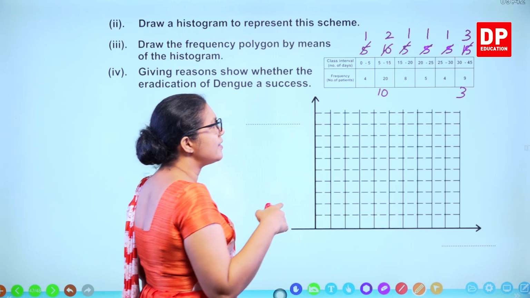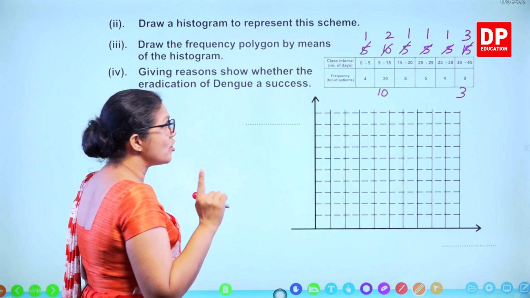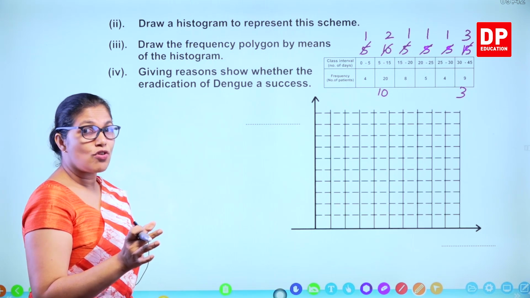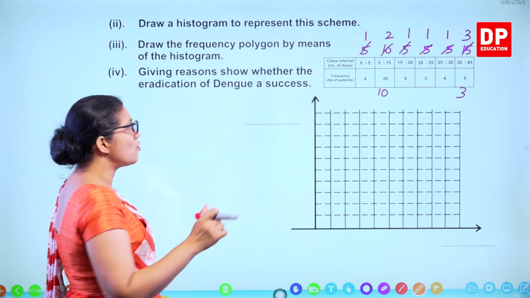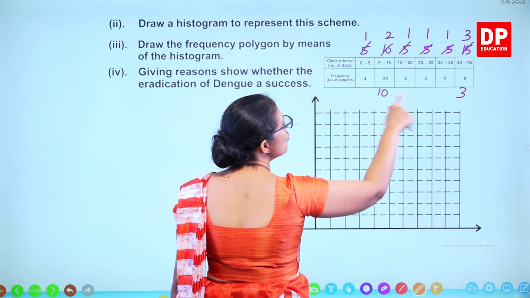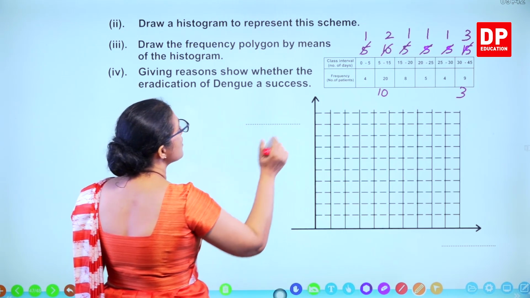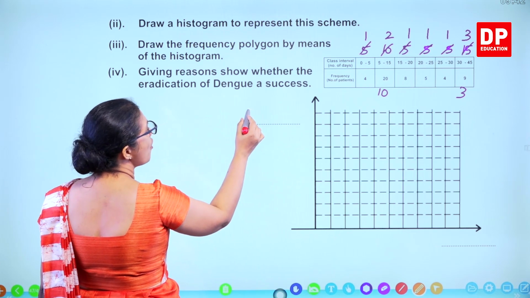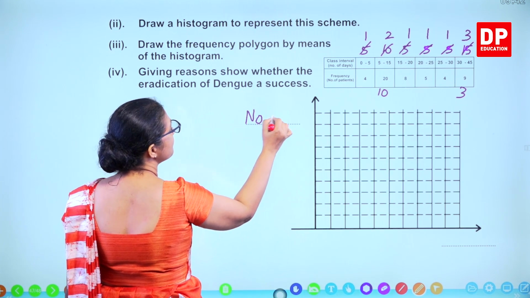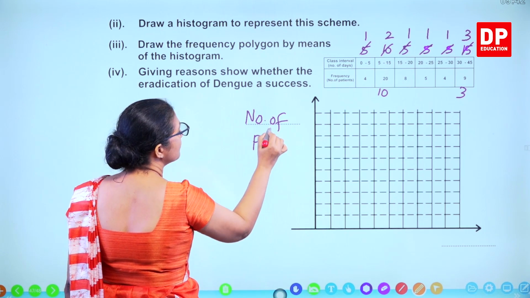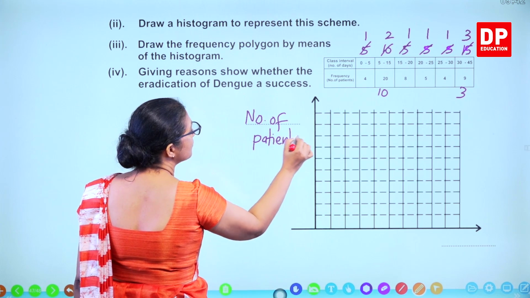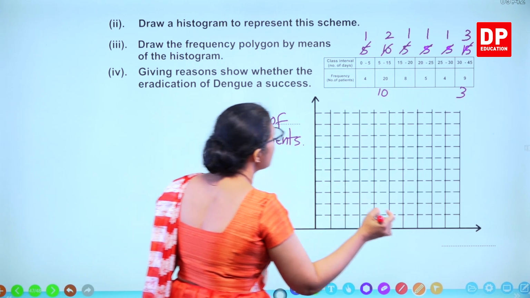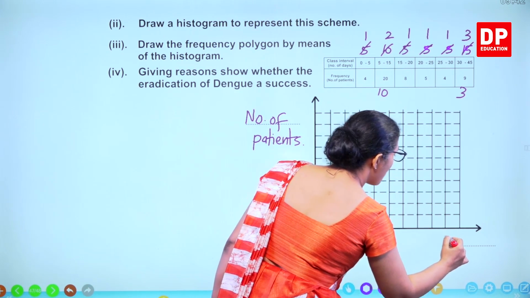So when you are drawing the graph, if the width is not the same for the intervals, you have to change the frequencies. What's the y-axis? Number of patients. What's the x-axis? Class interval or number of days.